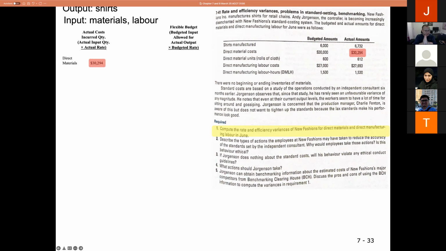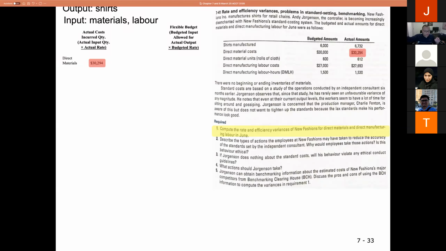So this is very interesting here, right? What's the budget rate? And what's the budget input for the output? We are talking about the materials, so we are talking about the rolls of cloth. That's the input. And the output is the shirts, right? So first question, how many inputs for a shirt?